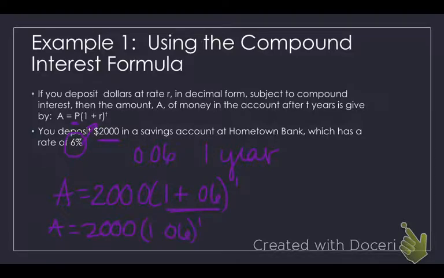Okay, and then order of operations says we do exponents next, so I have 1.06 to the power of 1, which is just 1.06. So I'm going to take $2,000 times 1.06. I'm going to do that on my calculator real quick. And we get a total of $2,120.